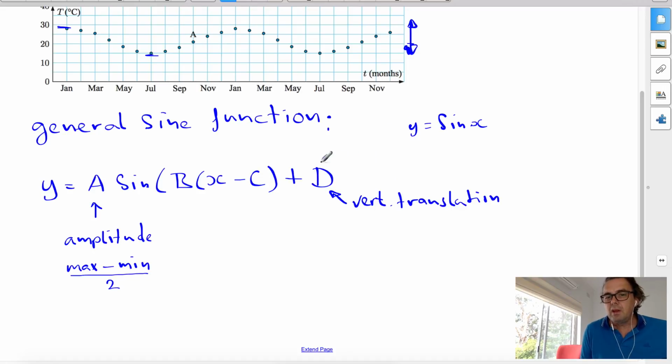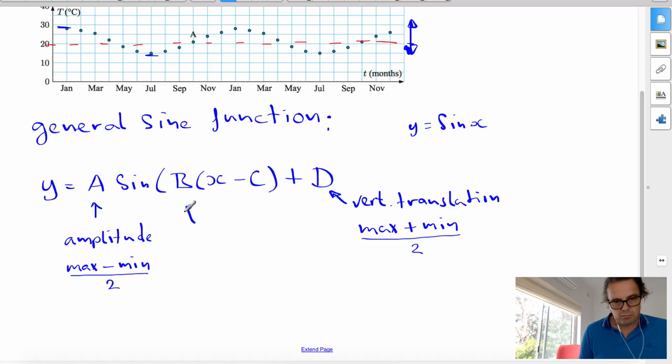Well, D represents the principal axis of the data. So the principal axis is around here. See? That's what the data revolves around. It goes around the principal axis. How do you find it? You find your maximum data point, you add your minimum data point, and you divide by 2. So slight difference from the amplitude there.